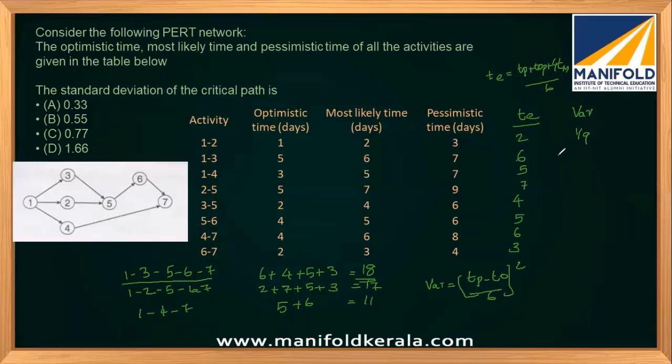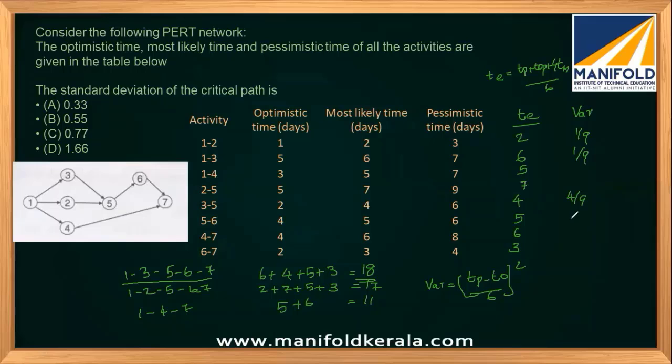We don't need to list out all. Only for the critical path we will list down. So 1 to 3 is on the critical path: 6 minus 2 is 4, 4 by 6 means 2 by 3, 2 by 3 whole square means 4 by 9.